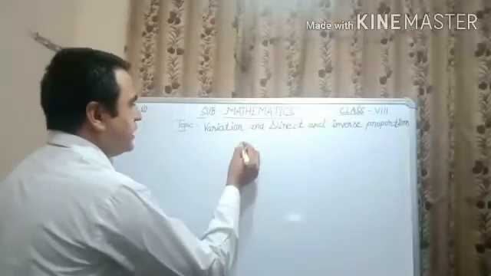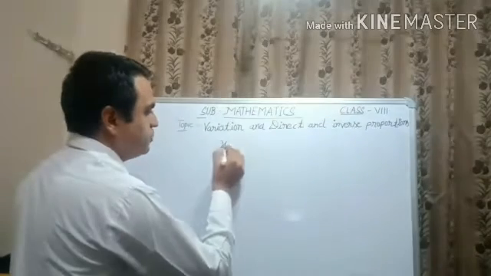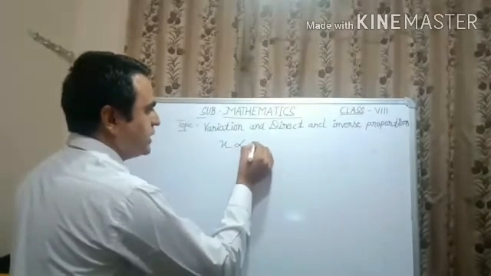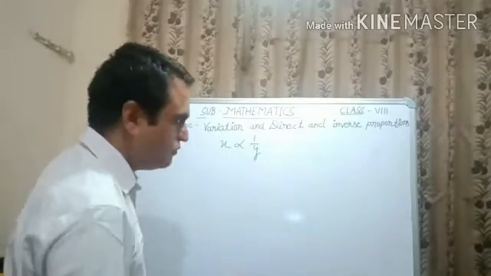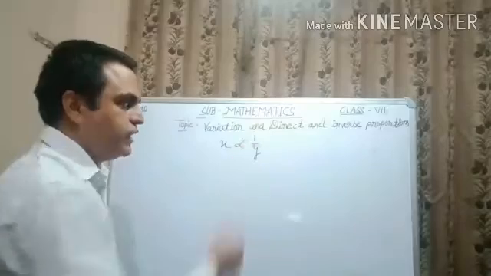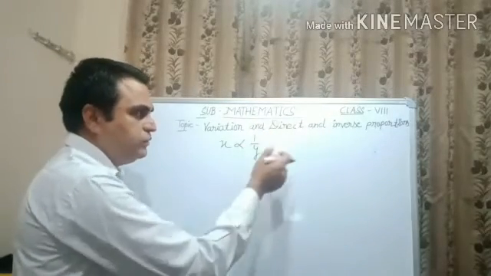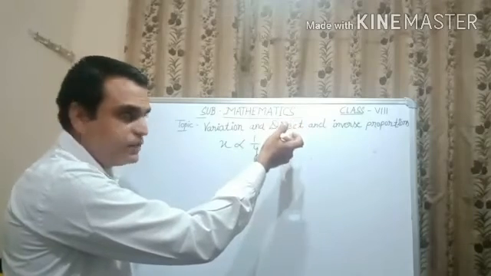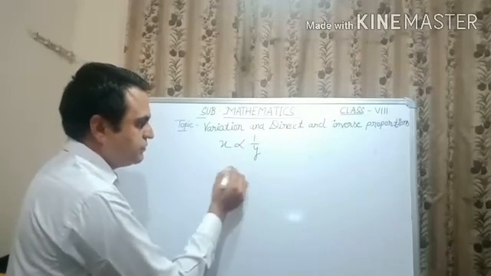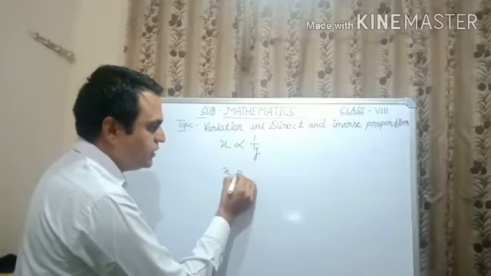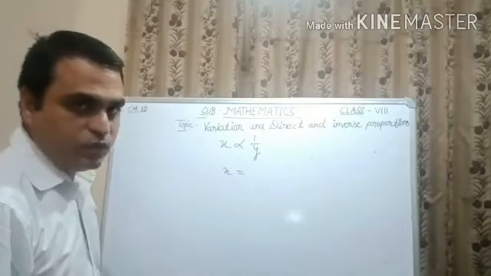Let us suppose x and y are in inverse proportion, so we write x is inversely proportional to 1 upon y. As in direct proportion or variation, this proportion sign is converted into an equal to sign.